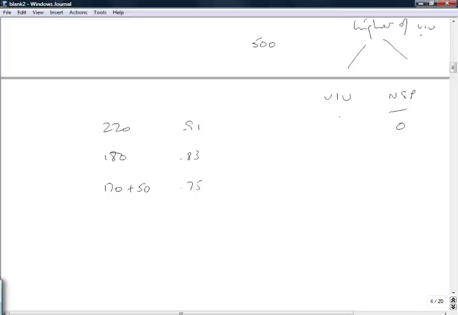So 220 times 0.91 is 200.2, 180 times 0.83 is 149.4, and 220 times 0.75 is 165.